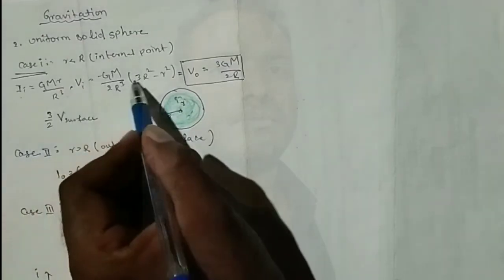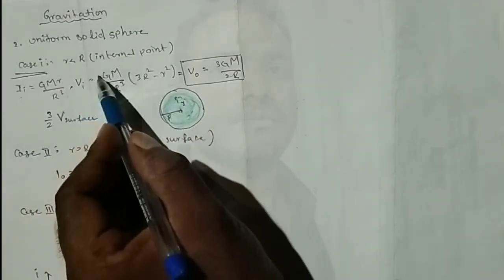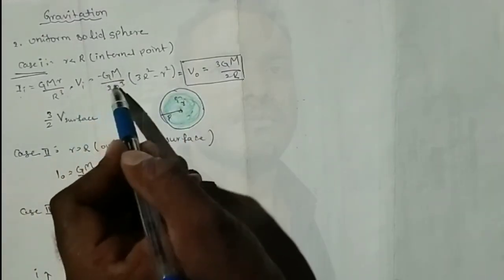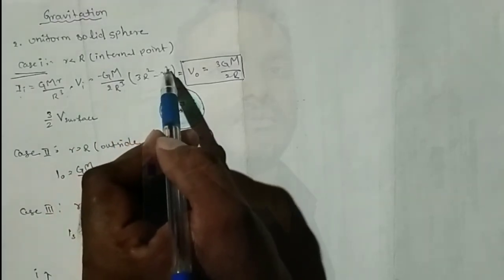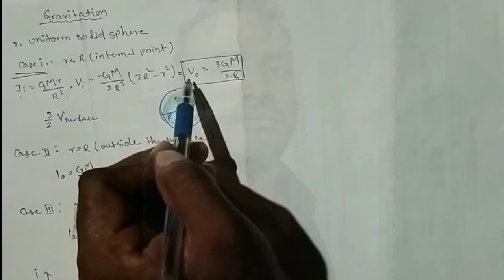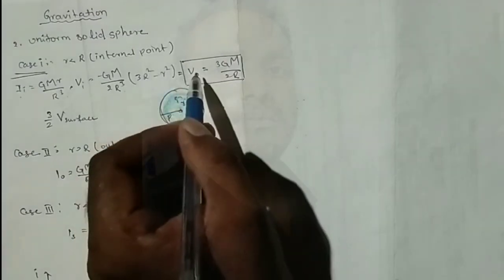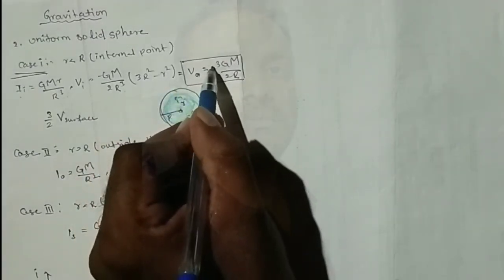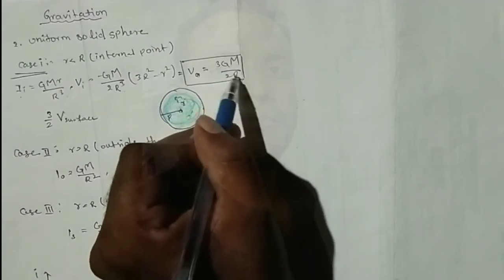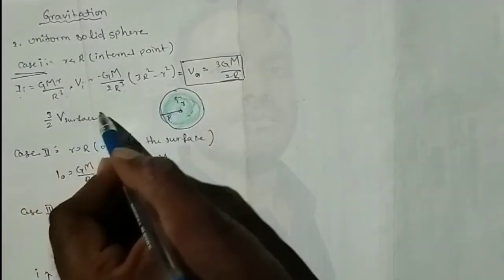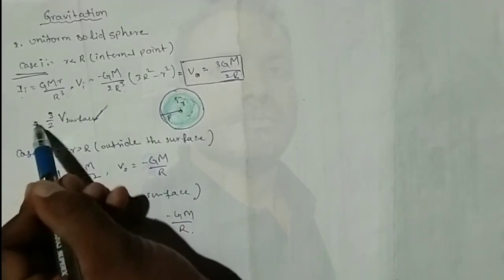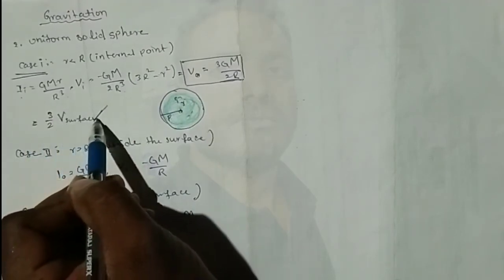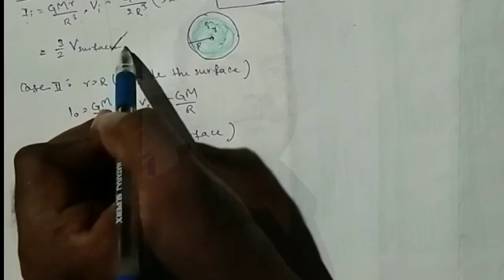Potential is equal to minus Gm by 2R cube into 3R square minus r square. If you simplify, V is equal to minus 3Gm by 2R, right? It is equal to 3 by 2 of the surface potential.